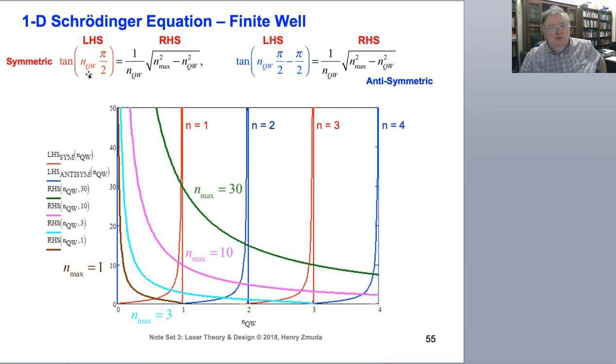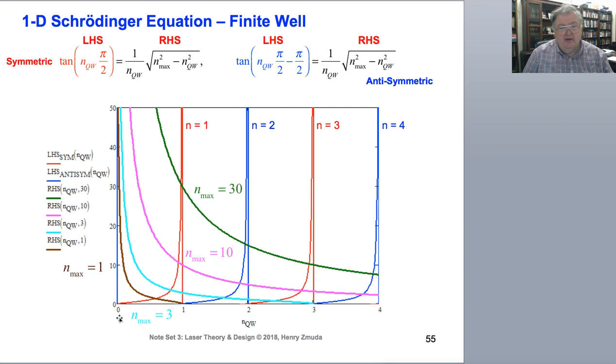I don't know n quantum well, but whatever it's going to look like, I'm going to make a plot of the left-hand side and the right-hand side, letting n quantum well go from 0 through 4. I'm only showing the first quadrant here because all the numbers we're looking for are positive. We don't get any negative numbers, so there's no need to look anywhere else.